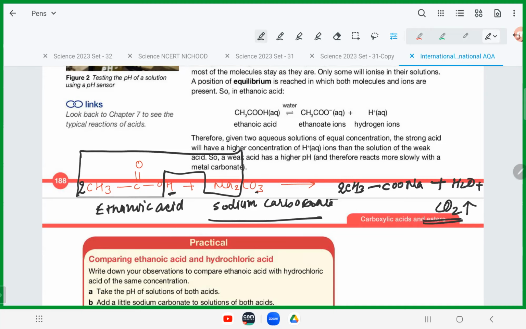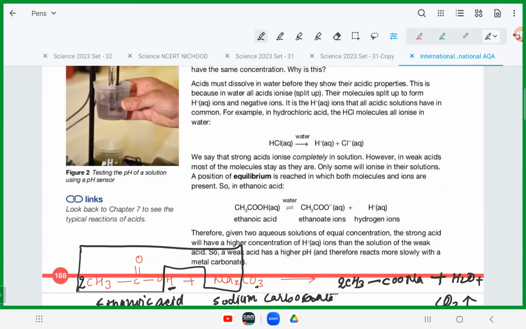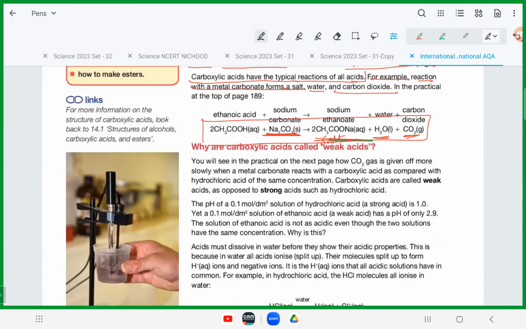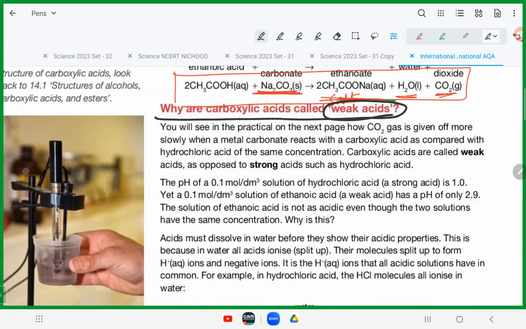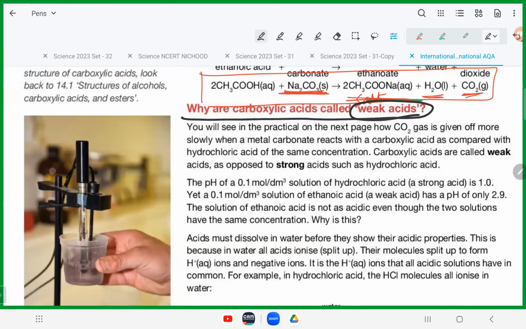Now see this one. Why is a carboxylic acid called a weak acid? Can you tell me why it is called a weak acid? Weak acid means if you dissolve CH3COOH in water, what are you going to get?